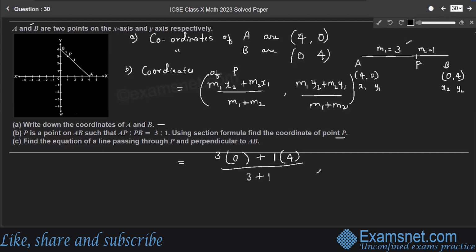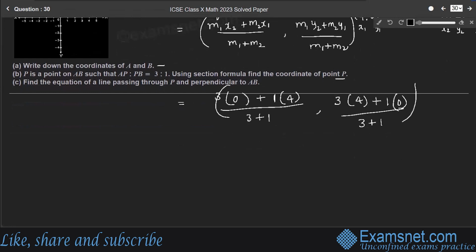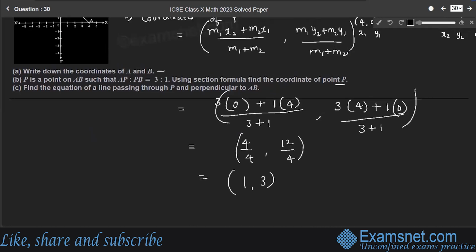And the y coordinate is m1 is 3 into y2 is 4, so 3 into 4 plus m2 is 1 into y1 is 0, divided by m1 plus m2. Therefore, it is 4 by 4 and 12 by 4. So the coordinates of P are (1, 3).